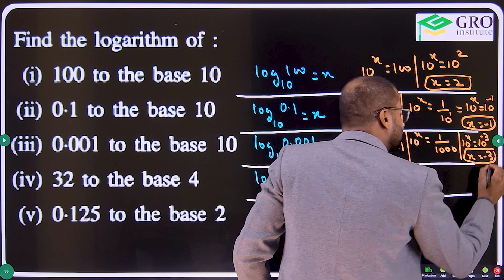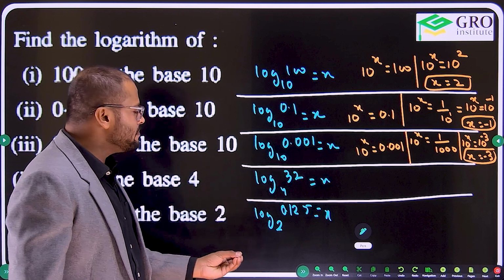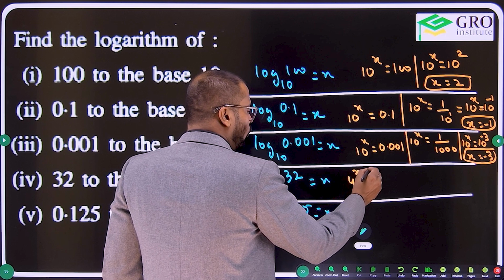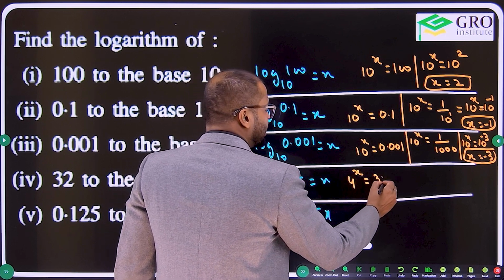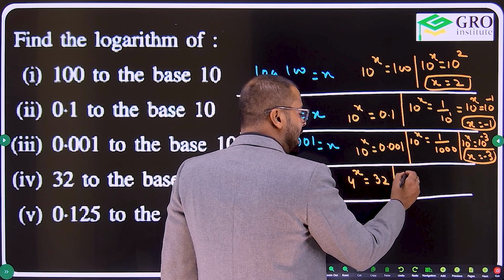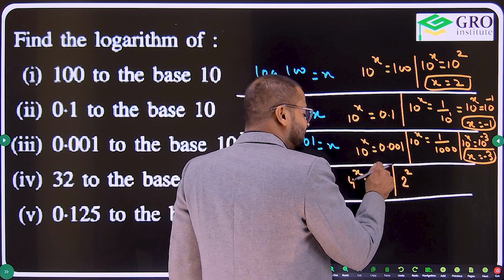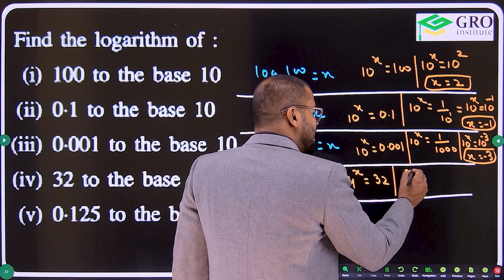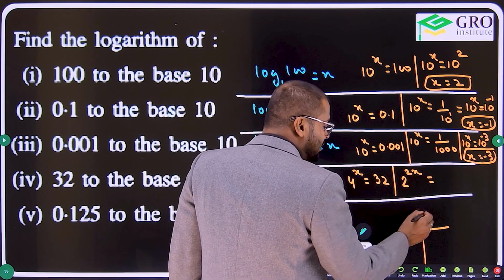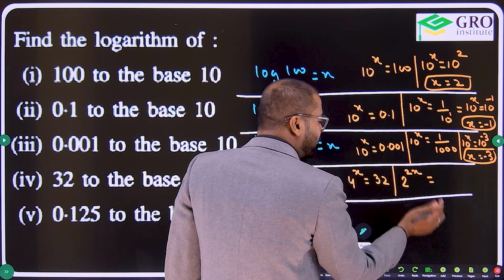Now moving ahead, log of 32 having base 4 is equal to x. So base remains base, 4 to the power x is equal to 32. Now 4 is 2 to the power 2, so 4 to the power x becomes 2 to the power 2x. And same way 32 is factorized, and it is 2 five times, so 2 to the power 5 is 32.